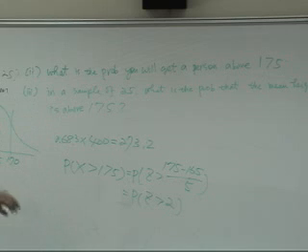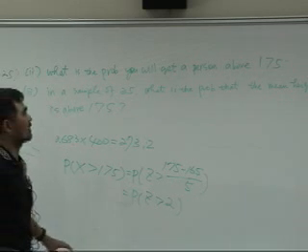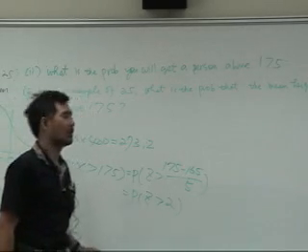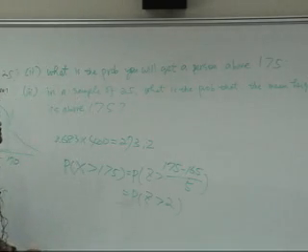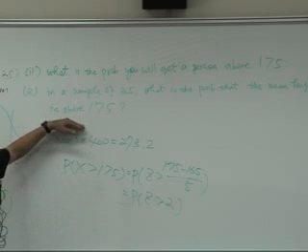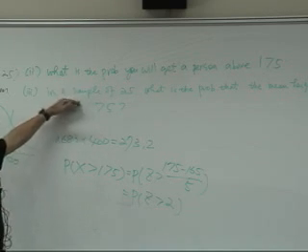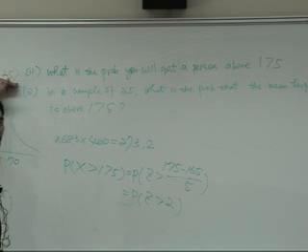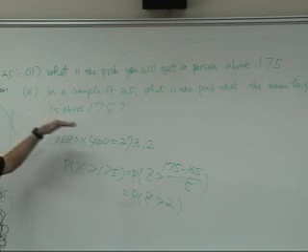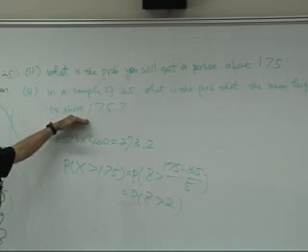In a sample of 25, what is the probability that the mean height will be above 175? In this case, the sample is very small, not large, but we already know that it is a normal distribution, and also we know the population variance. So you should still use the normal distribution.